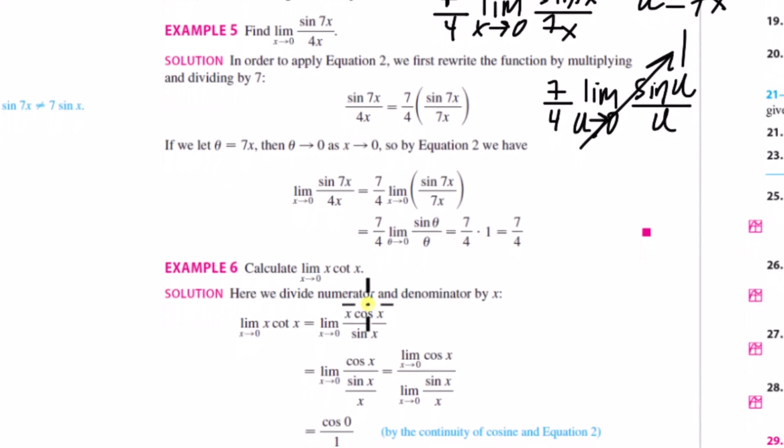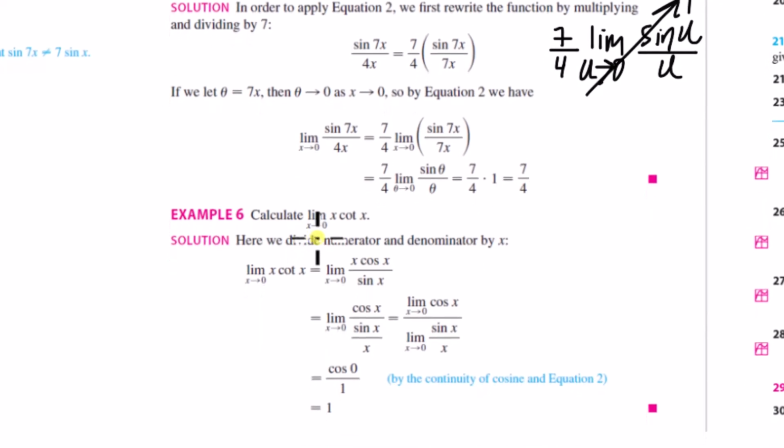Okay. Now, what is the limit as x approaches 0 of x times cotangent of x? We could potentially apply the product rule of limits and separate this into two limits, but the limit as x approaches 0 of cotangent of x doesn't exist. Remember, the general limit laws, the sum and difference law, the product rule for limits, aren't valid if any of the limits don't exist.